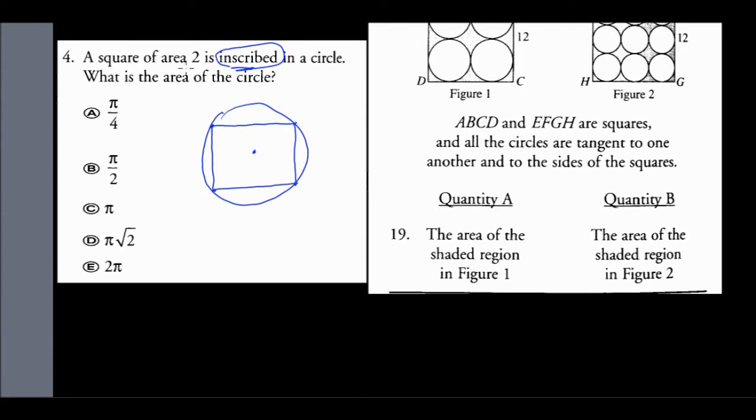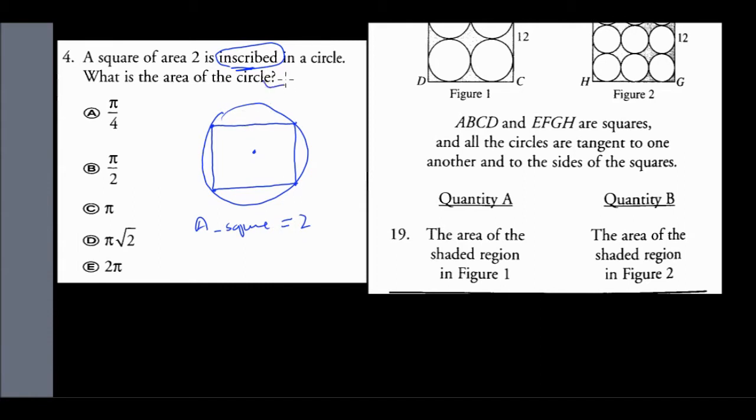So when a square, or for that matter any other polygon, is inscribed in a circle, all its vertices are on the edge of the circle. Okay, so it says the area of the square is 2. Okay, and we want to find the area of the circle.